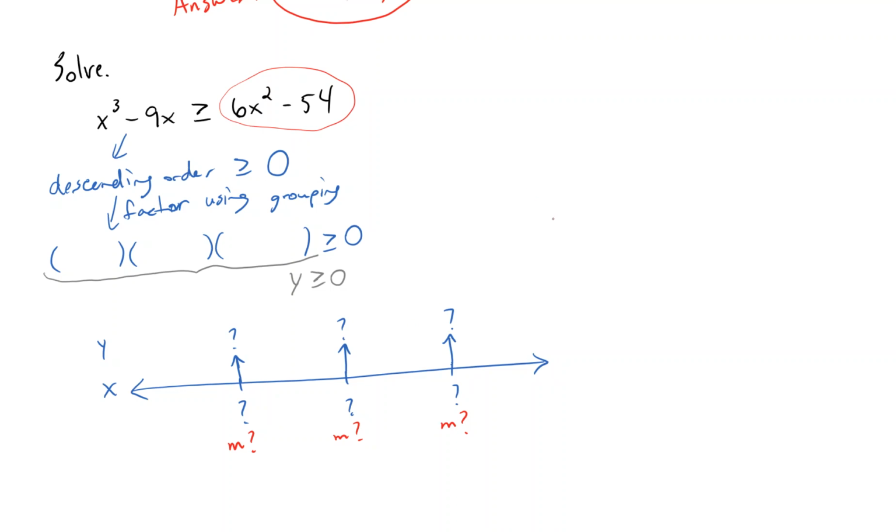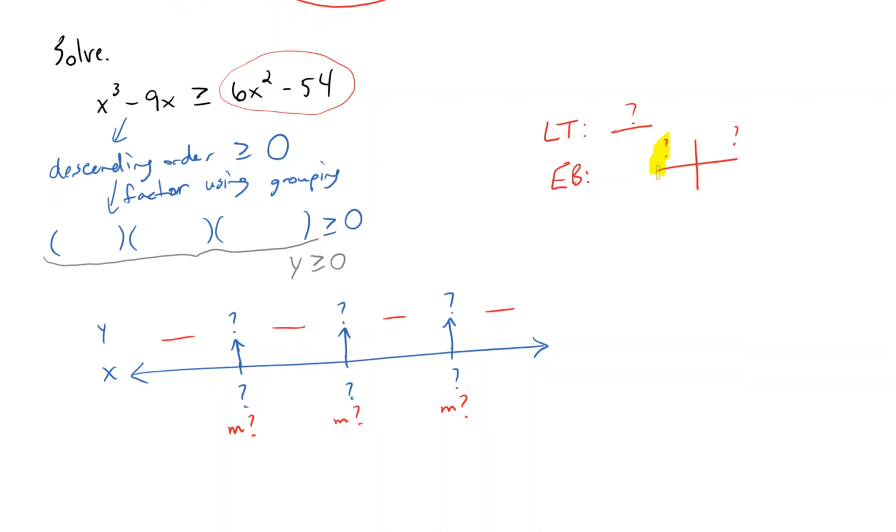Then you need the signs in between each of those. So determine your leading term and then use it to take a look at your end behavior on the left and the right. Once you've got your end behavior, your left and right ends, fill in your signs on your number line chart for the y values on the ends.